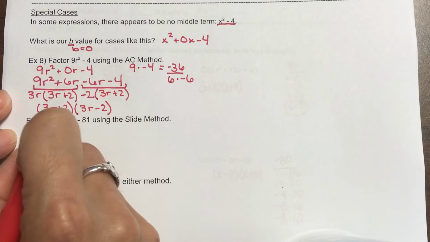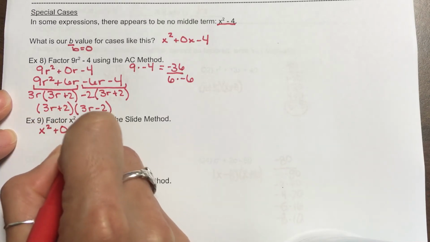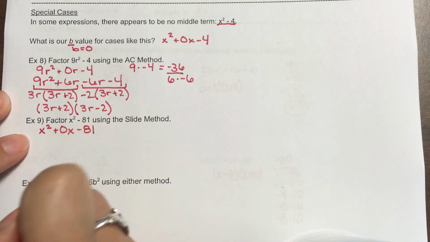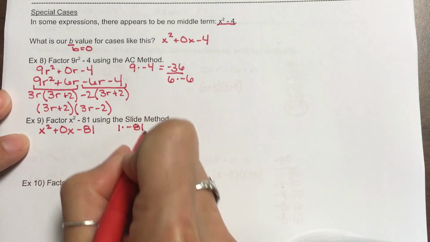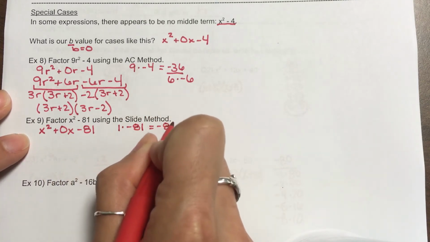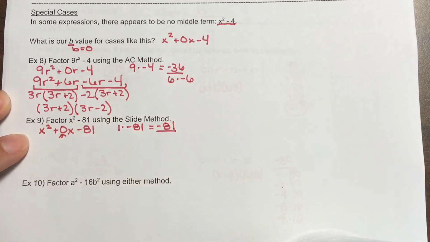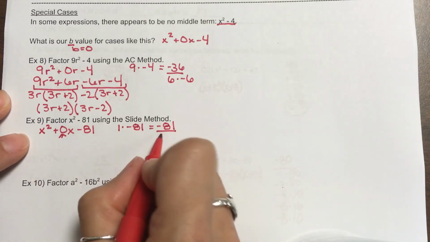So if I were to rewrite this, that would be x squared plus 0x minus 81. No GCF here, so I'm going to multiply a and c. A is 1, multiplied by c, which is negative 81, and I'm looking for factors of negative 81 that add to 0. So again, I want something that's the same number with opposite signs.